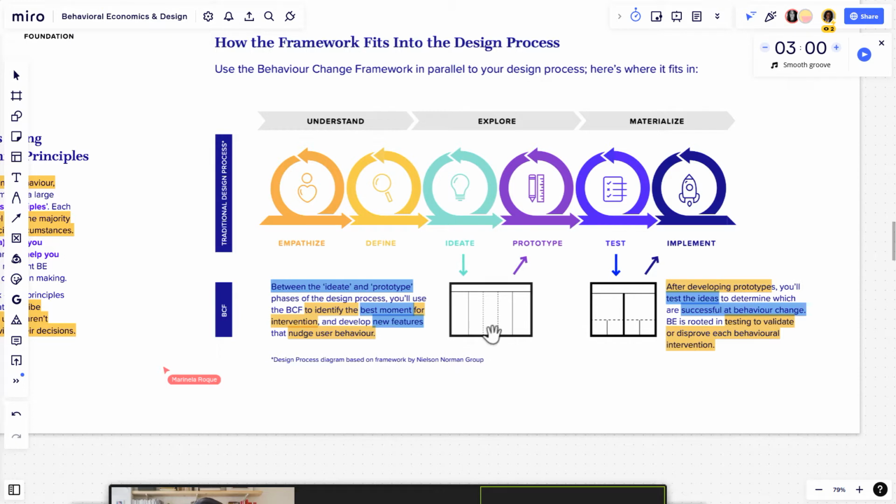So in part A, which is the one we will do today, we start identifying what are possible factors, in other words, biases that are influencing our users in their current behavior. And then we will identify principles that can help those users in changing their behavior into something that is more productive, more environmentally friendly, more sustainable, for example, in this case.